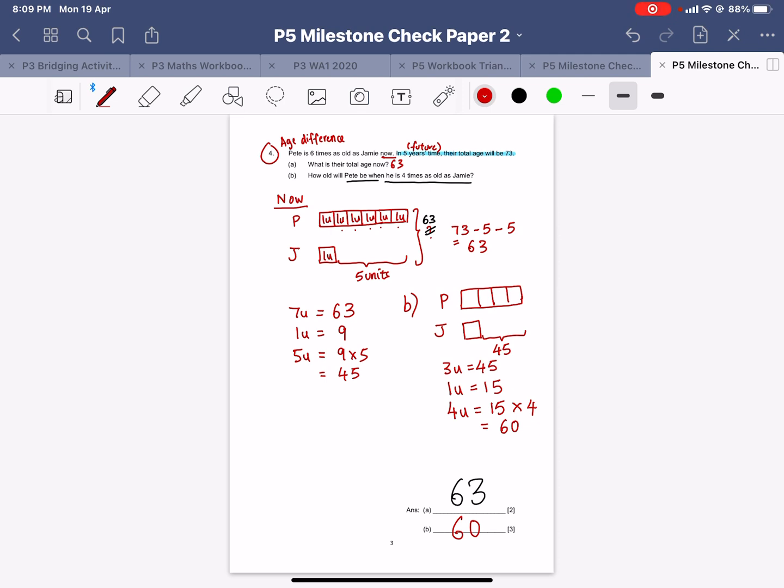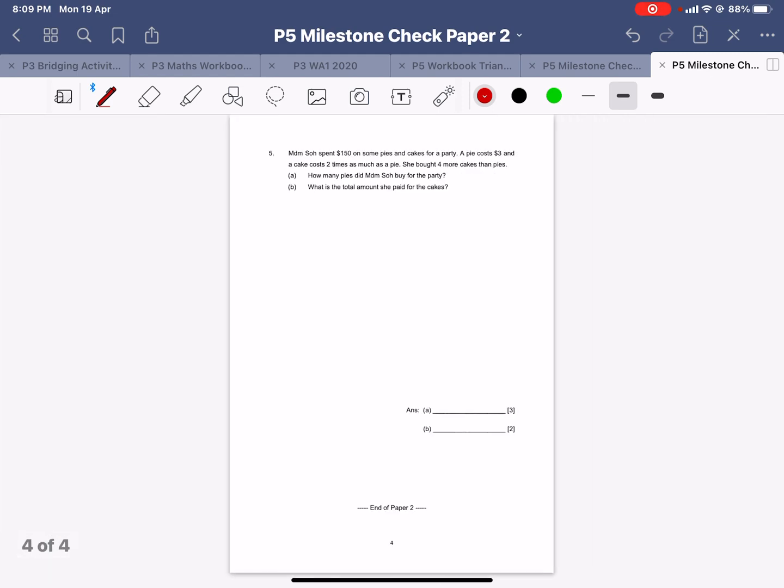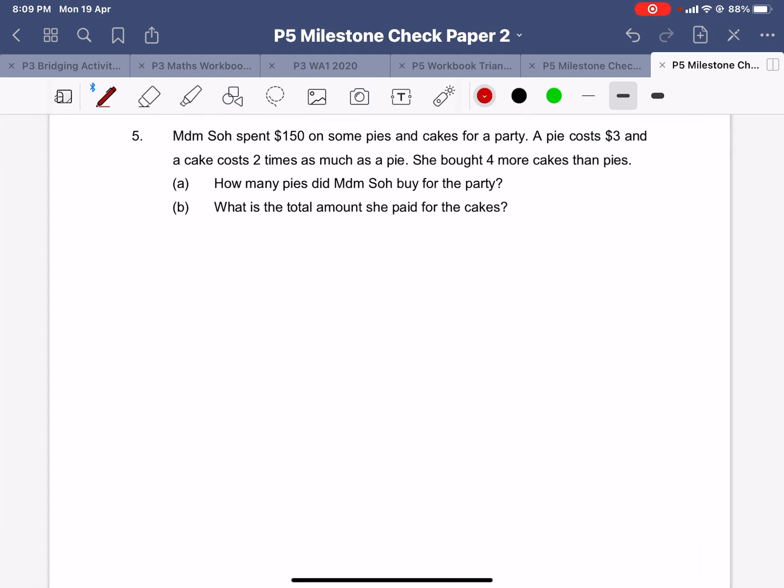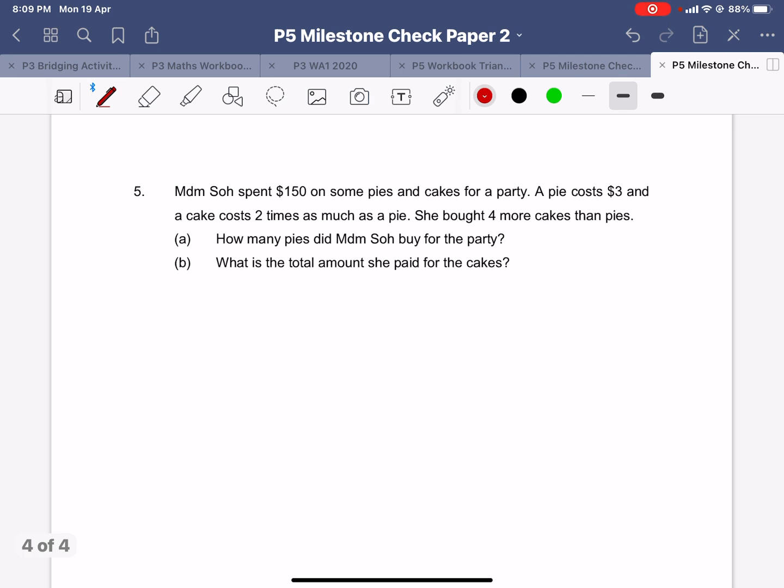Now question number 5, our last question for paper 2. I would actually like to go back to this question on set. You can almost be sure that there will be a question on set in your coming WA1, so I thought this is a very good question to revise.